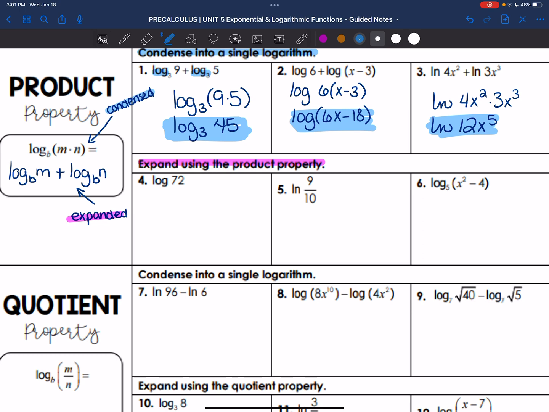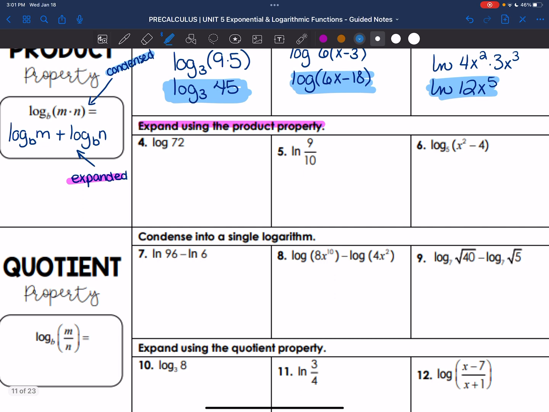Now let's look at expanding using our product property. The product property says that we're going to need to take the log of two separate logs, so that when you take the values we have right in this position, they would multiply to give you 72.